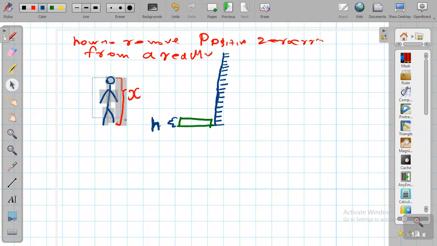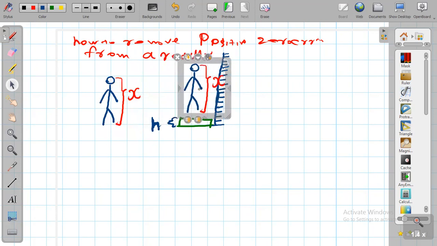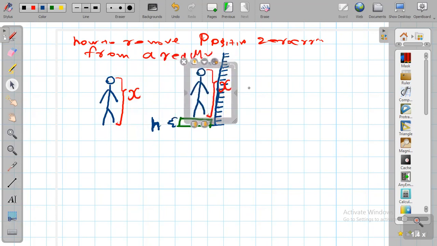So how will he get his height now? You have to keep these two on top of here. Now you may get a certain reading as the height, some reading of capital H. Now, how to get his real height? Your reading value is this one.